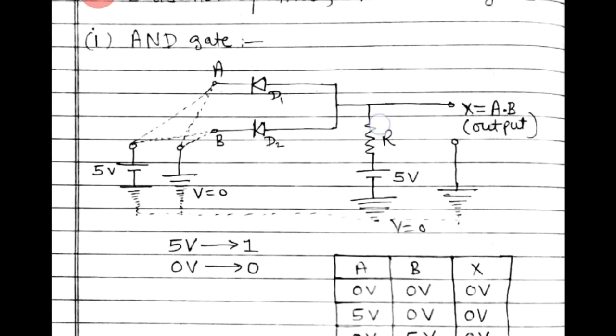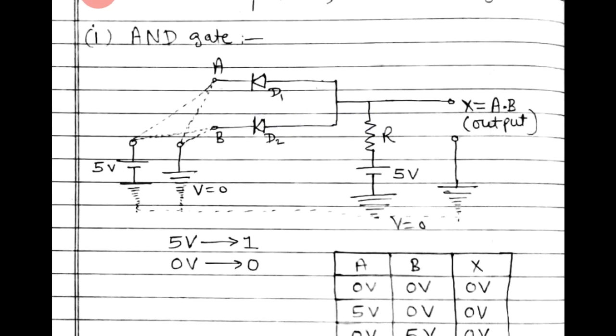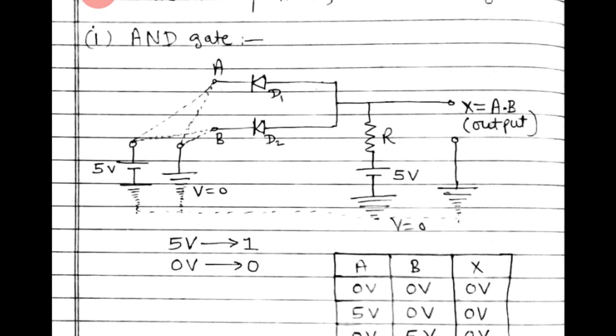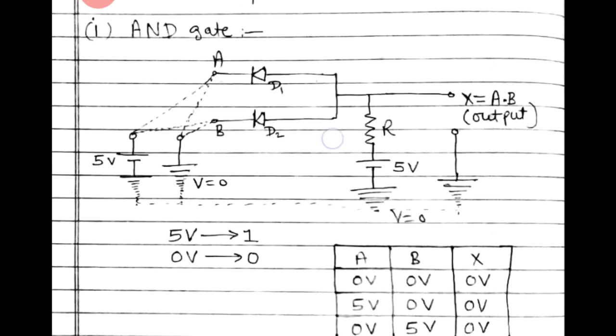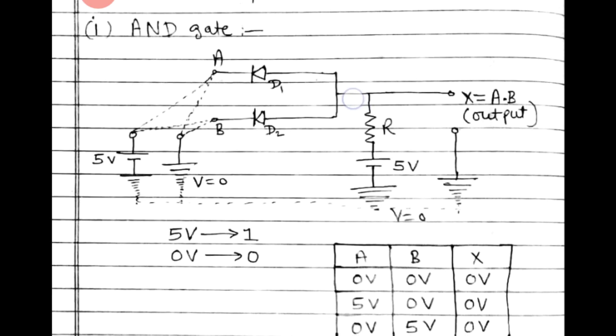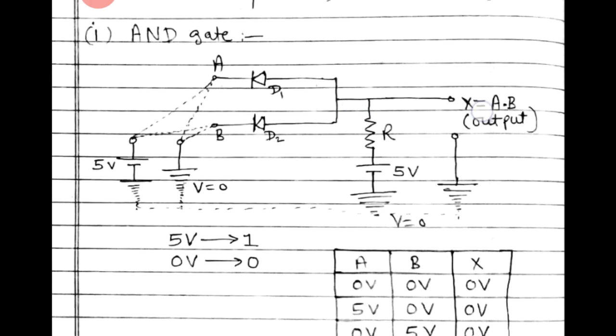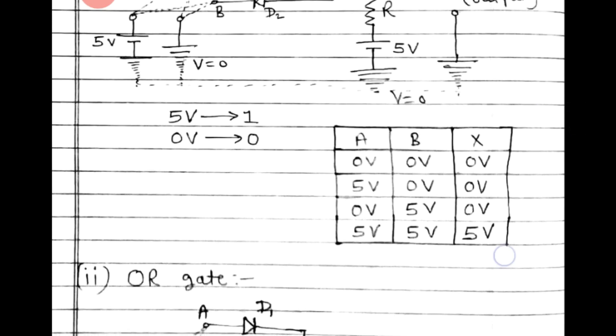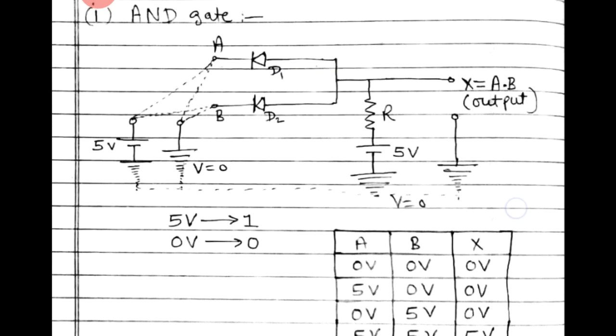It means there will be no potential drop on this resistance R. If the potential drop is not there, at this point also the voltage will be 5 volt. So at point X also the voltage will be 5 volt, so output will be 5 volt. Here we can see that this truth table is like that of an AND gate.